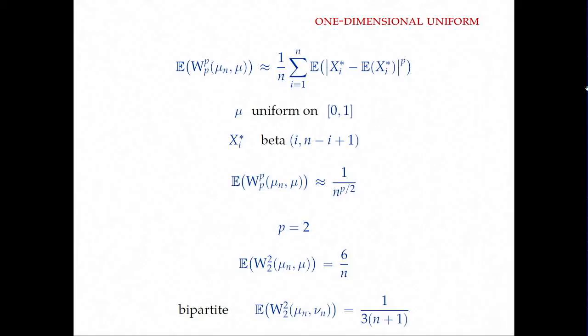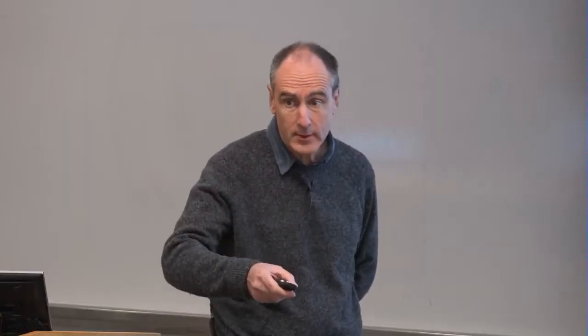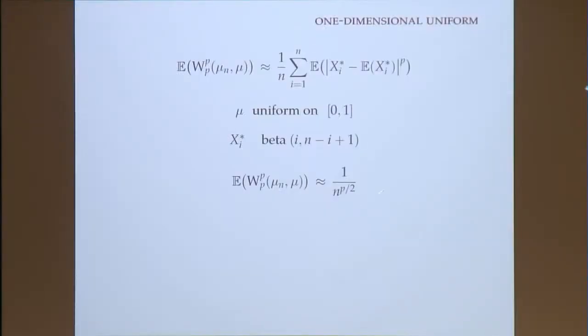formula on an example. You take the uniform distribution on the unit interval. It's easy to see that the i-th order statistic follows a beta distribution, and with this you just compute and you get the rate. And the rate is not 1 divided by n to the p, as was the intuition, but n to the p over 2.